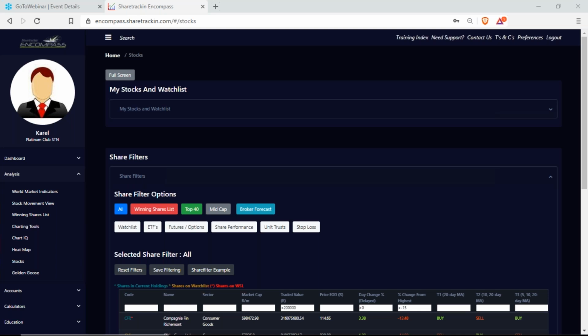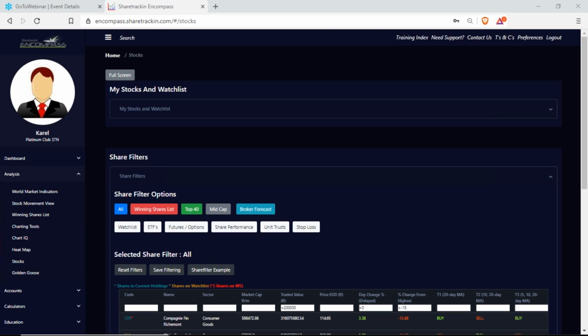So ETFs and unit trusts, that's not really things we do, okay? We are not focused on buying into multiple or in a category, if I can put it like that. Let's say, for example, we don't want to go and buy into the top 40.